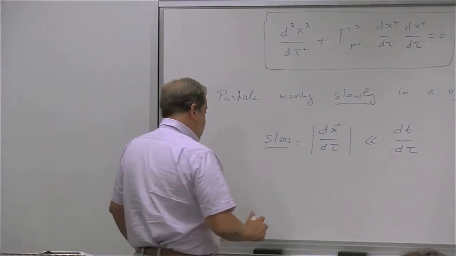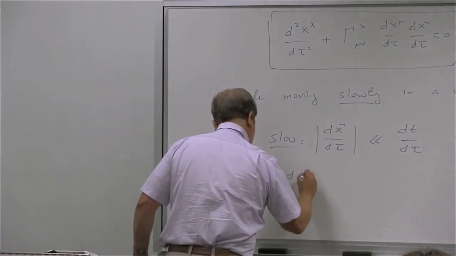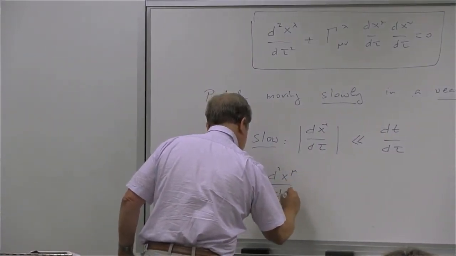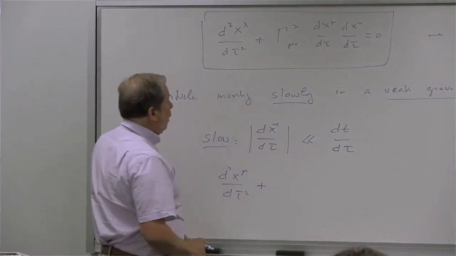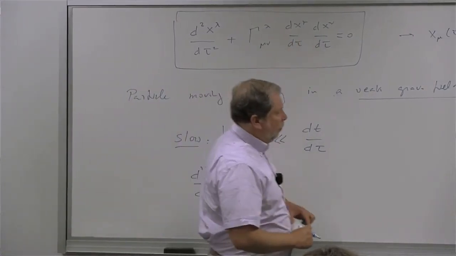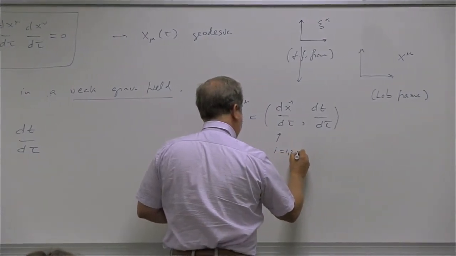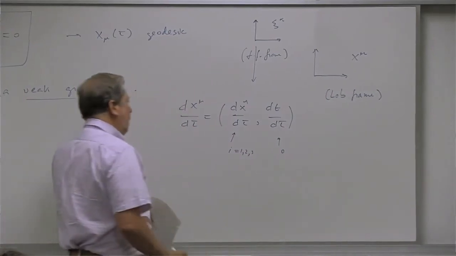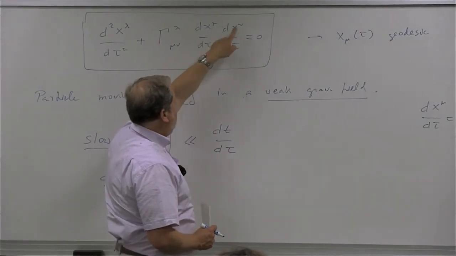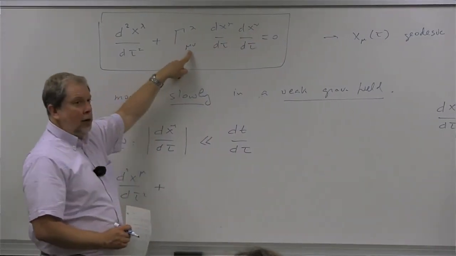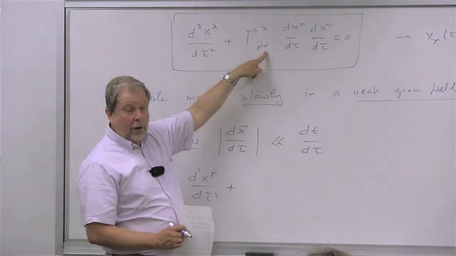And so that allows us to simplify the equation for free fall to the following: the second derivative of x mu by d tau squared plus, now this contains indices i, j, which are 1, 2, and 3, and that would be the naught component. So the fact that the velocities are small means that all the i and j components in here are negligible, which means that the only one we need to worry about is the naught component.